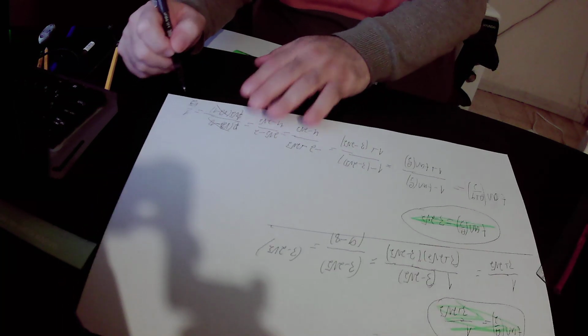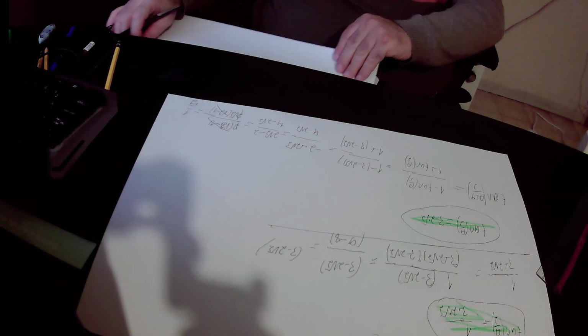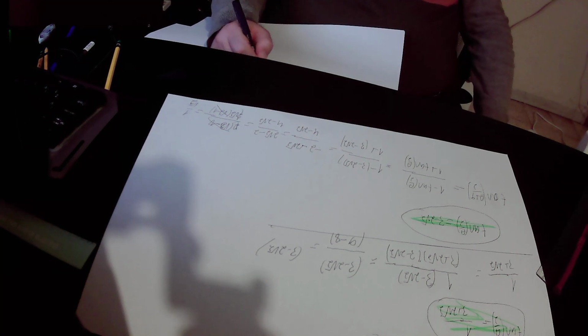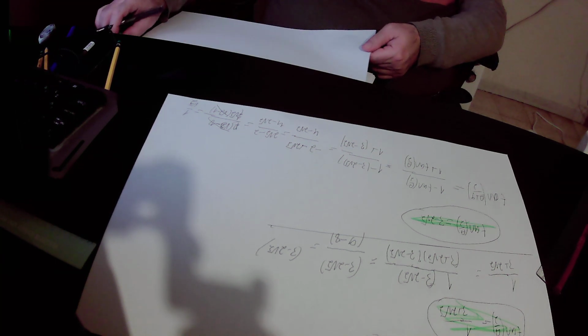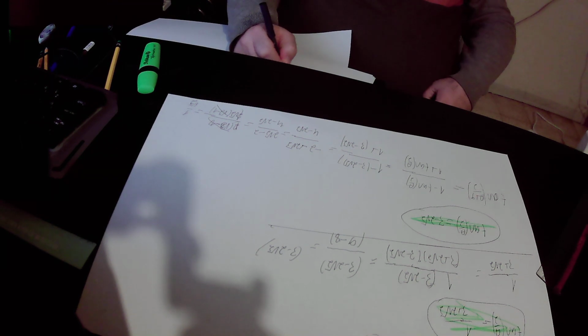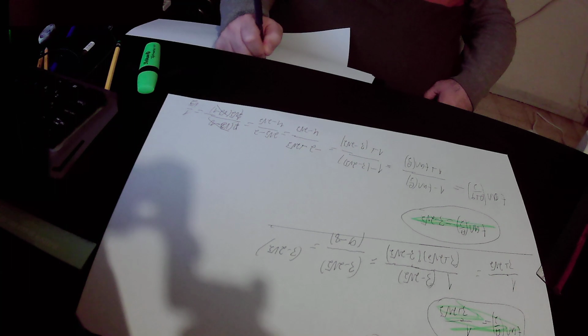So in conclusion, we actually found out that tangent theta plus alpha over 2 is equal to 1 over square root of 2.